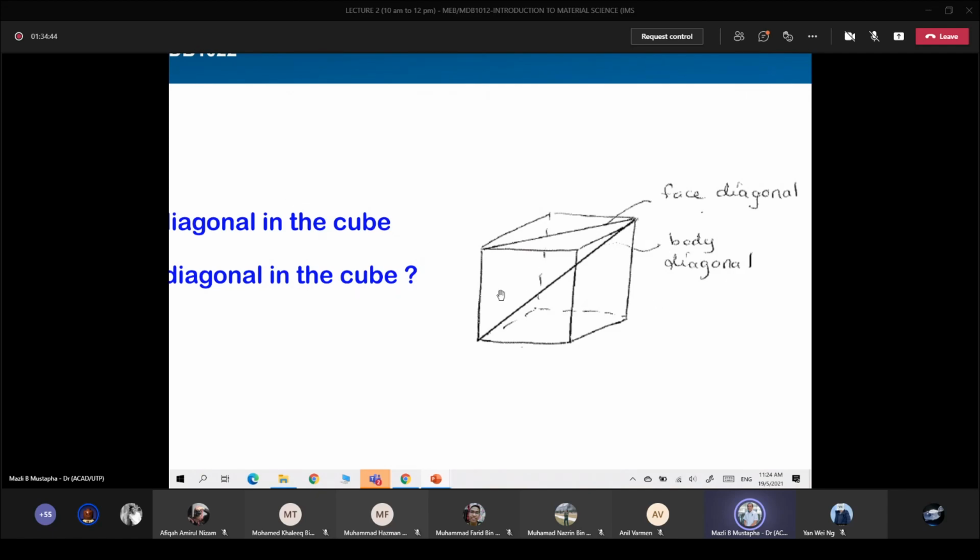For the body diagonal, this is the body diagonal. Why is it important? Because for the body centered cubic, we need to measure this length, as this is where all the atoms are touching each other.